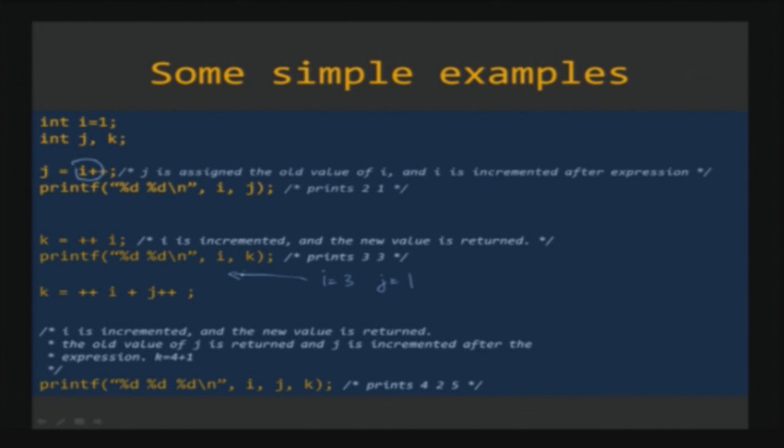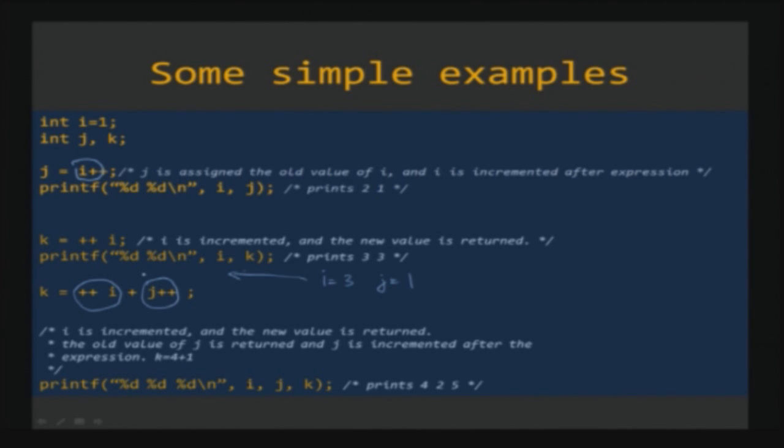You pre-increment i. So, the value of this expression that is used to add will be 4, because the value of i will be incremented before it is used in the plus expression, whereas this is the post-increment expression. So, the old value of j will be used, and then j will be incremented.